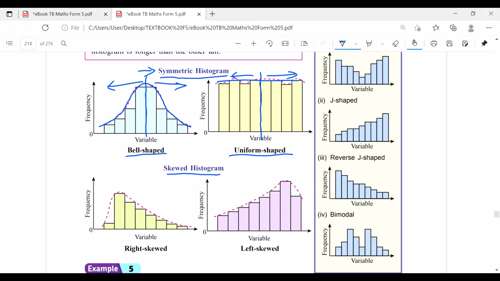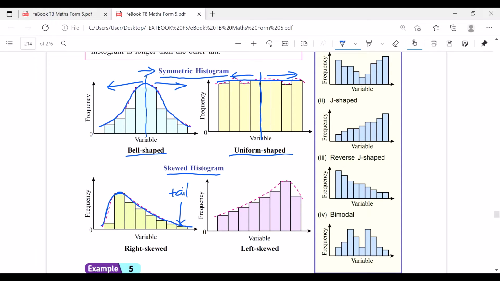The next one is skewed histogram. What's the meaning of skewed? If you look at the graph, the frequency will go up, and then at the peak, the highest, then it goes down here, and you call this the tail. The tail is skewed to the what?